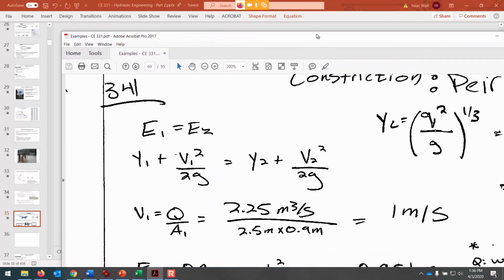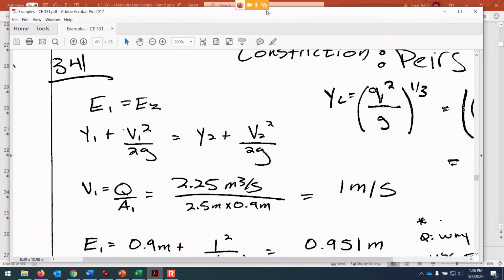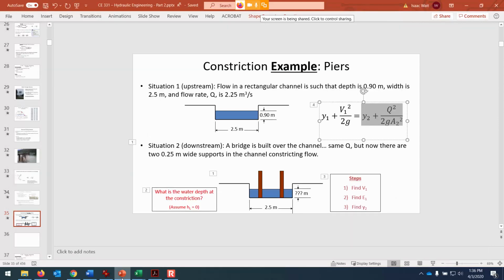All right, let's take a look at some of the calculations so far. Okay, so the first thing that I suggested you look at was the velocity at location 1.